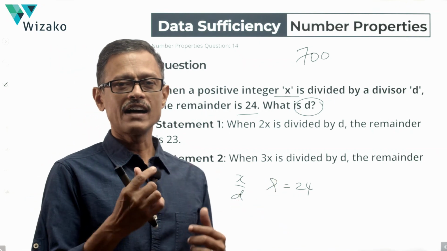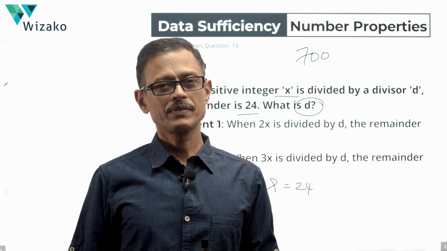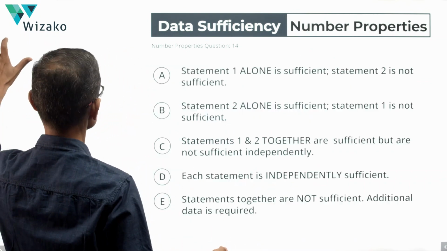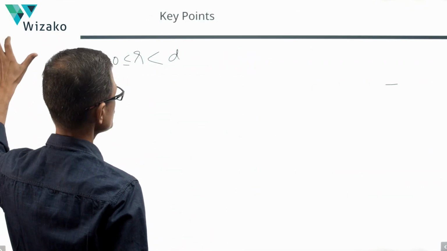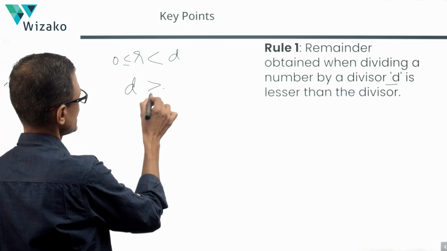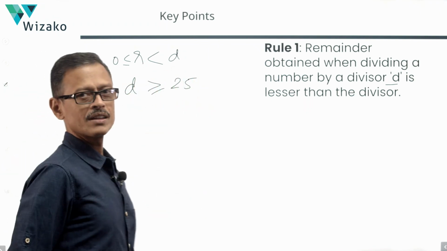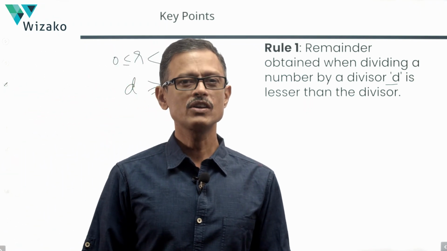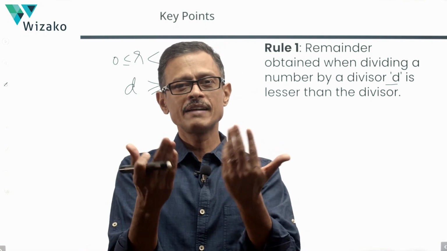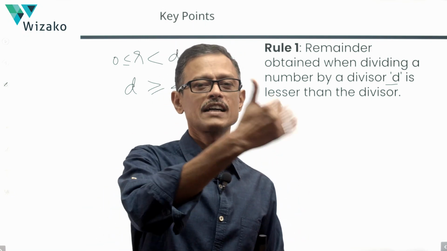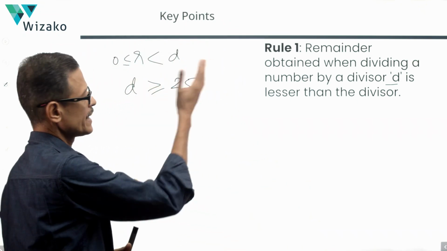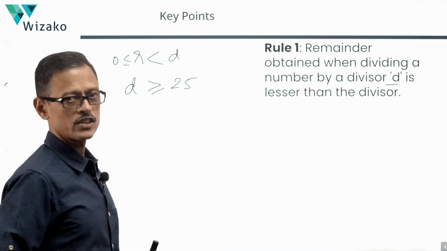The remainders can take values up to d minus 1, which means the least value for d has to be greater than or equal to 25, because when x is divided by the divisor, we got a remainder of 24. The remainder will always be lesser than the divisor, which means the divisor cannot be 24 or a number lesser than that. It has to be a number greater than 24. So it's at least 25, and it can be greater than 25. That's the first inference we are drawing.